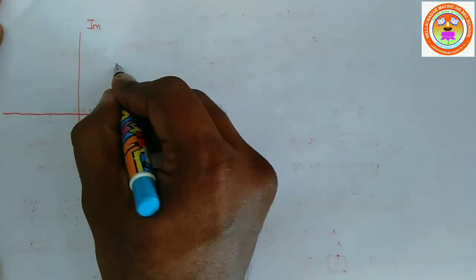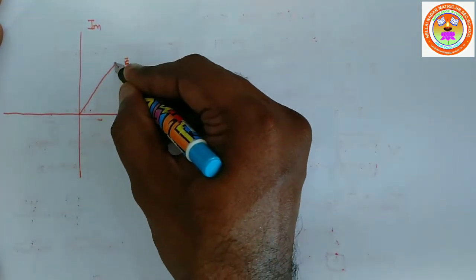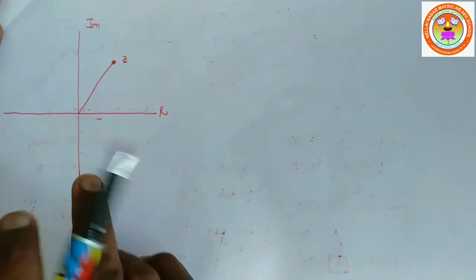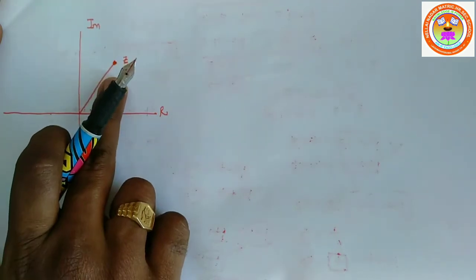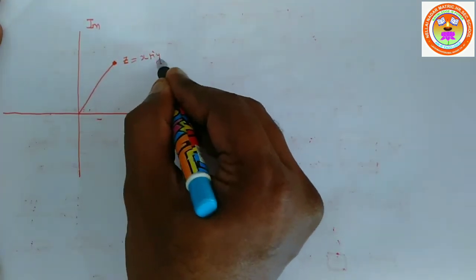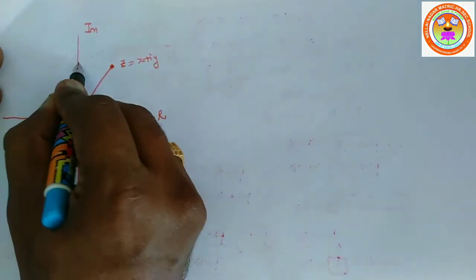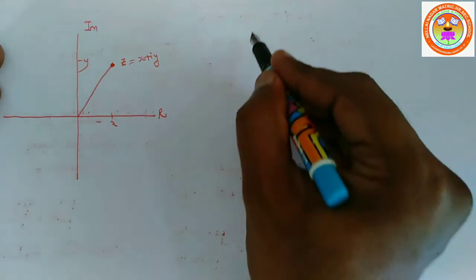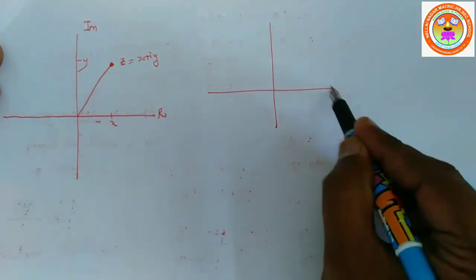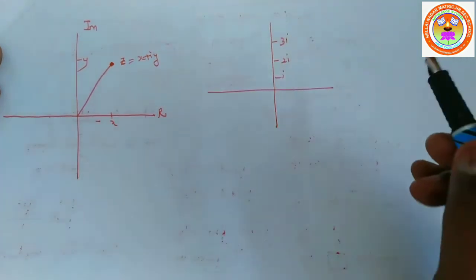Suppose I take one z here, this is one of the z. If z is equal to x plus iy, it can be x, it can be y. I have told you previously, you can write i, 2i, 3i.